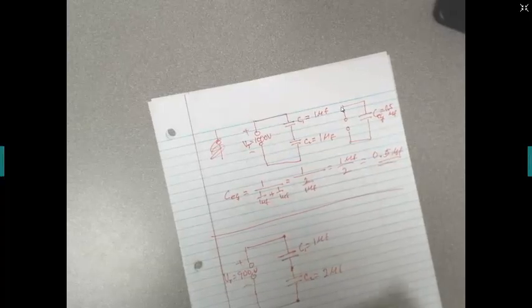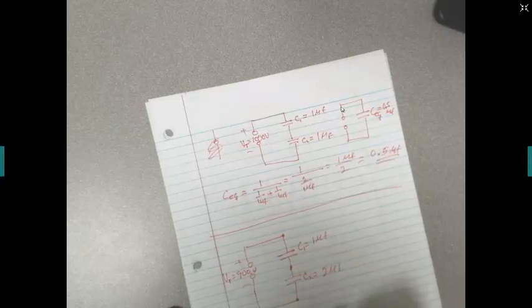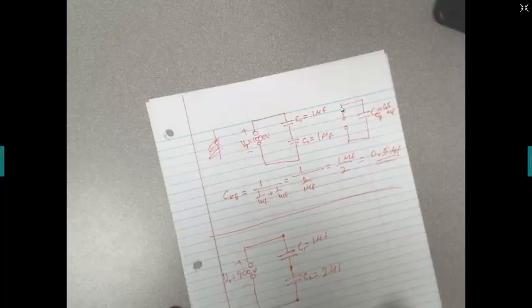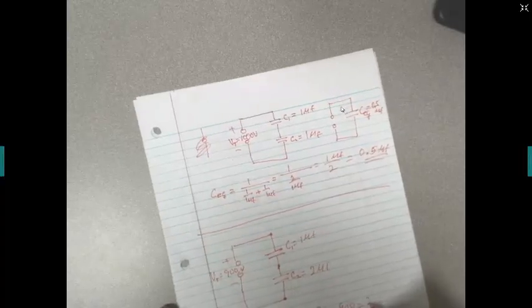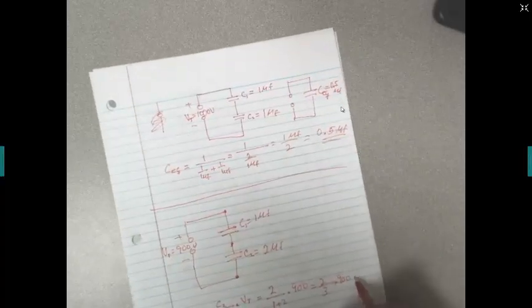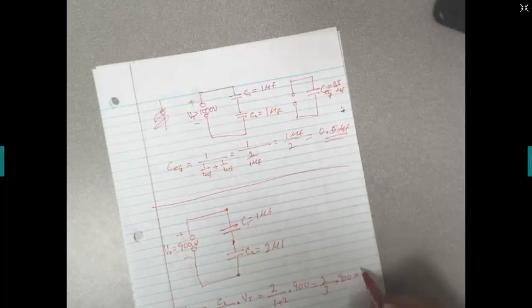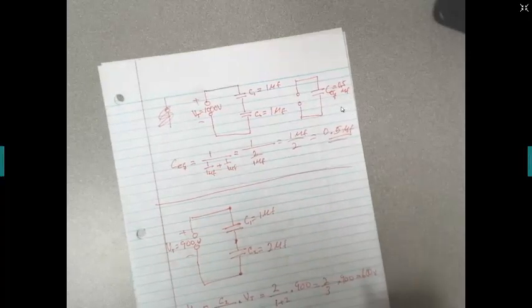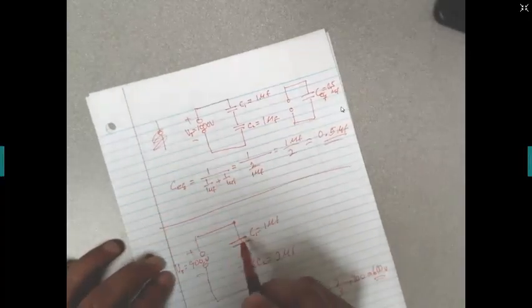If we keep it as microfarad, that would be 2 divided by 1 plus 2 times 900. So this is 2 divided by 3 times 900 volts, and that will give you 600 volts.